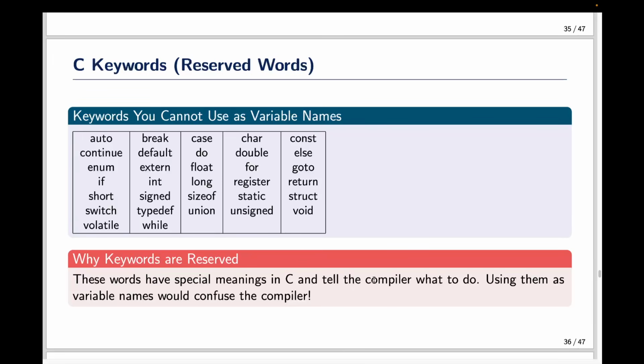So you can't replace them, and you can't use them as a variable name. This is very important. You can't use the word if as a variable name, and you also can't use else as a variable name. These reserved words are reserved for the compiler to compile, so you can't use them as variable names.